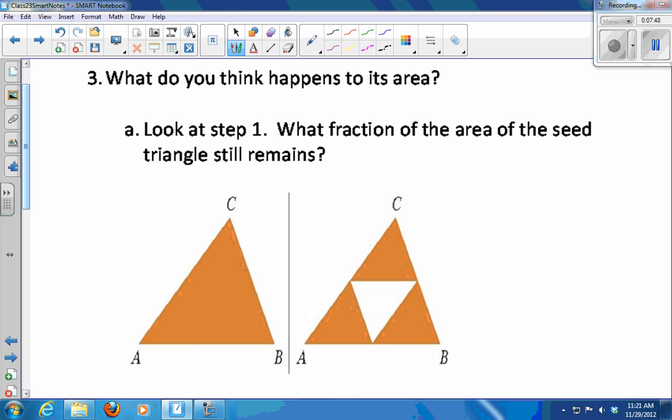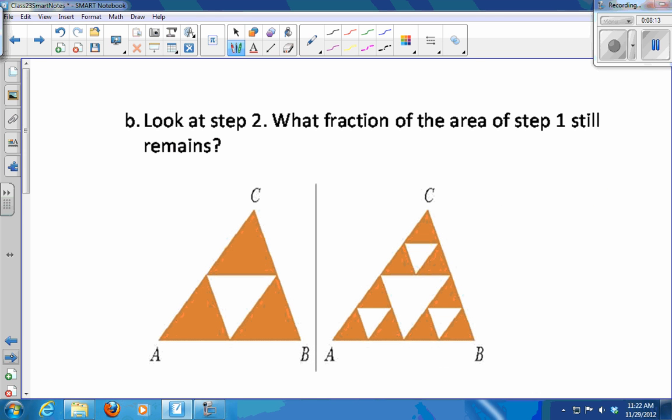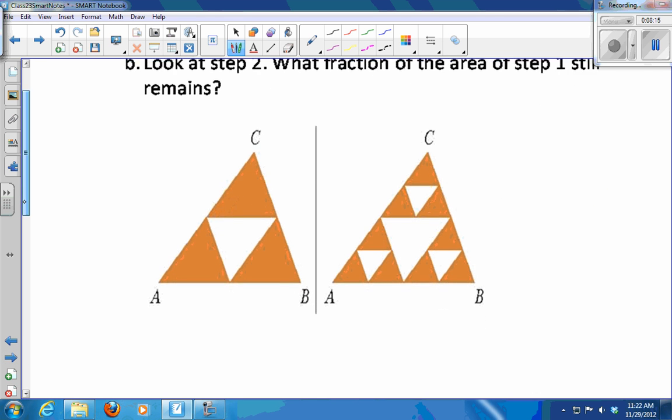So if we look at step 1, from the seed to step 1, how much remains? 3/4. Yeah, I broke this into 4 triangles and I threw one away. So 3/4 I kept. I kept 3/4 from the previous area. So let's look from step 1 to step 2.